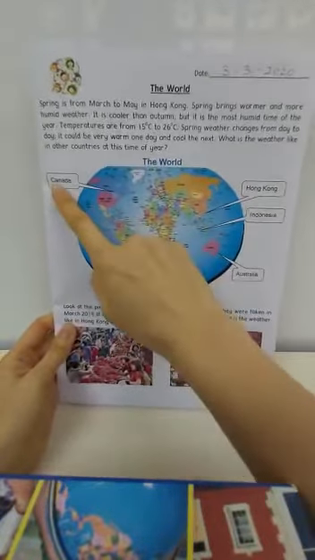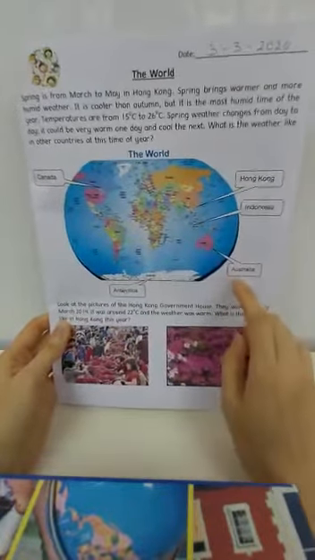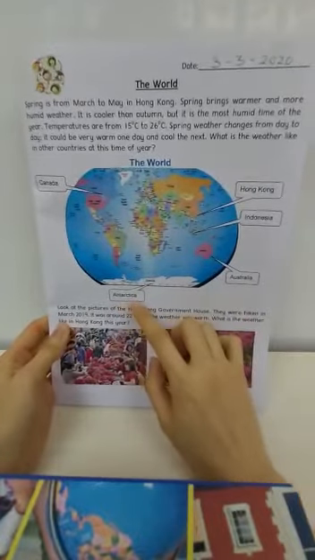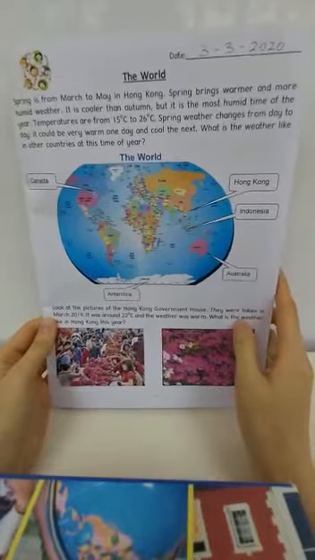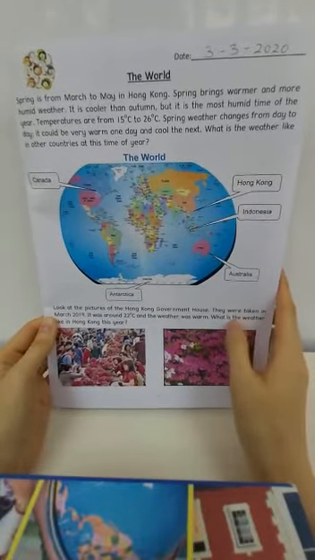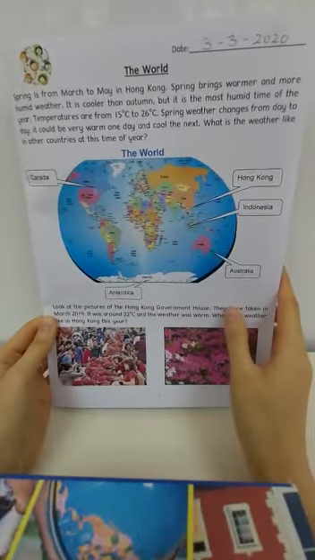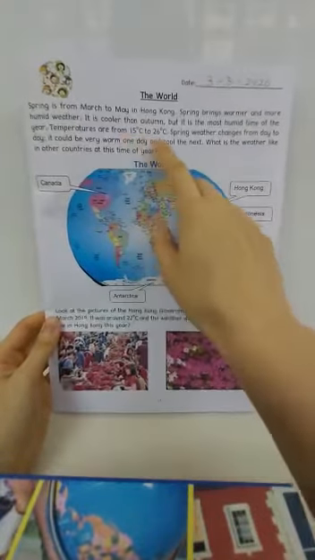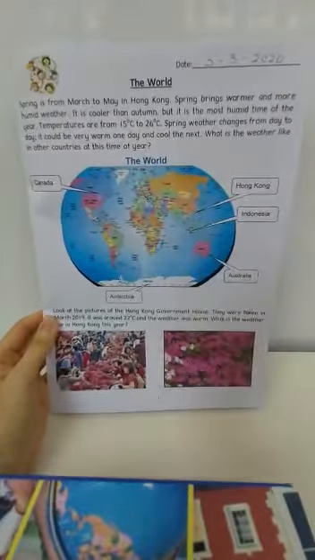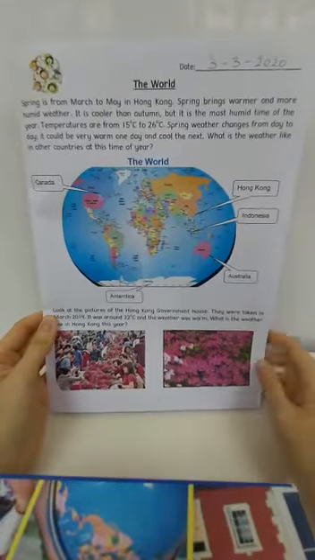Okay, we have Canada, Indonesia, Australia, and Antarctica. So all of these places have different temperatures, and some places are still very hot. So in Hong Kong, it's about 15 to 26 degrees. So it's a bit cool and warm temperature.